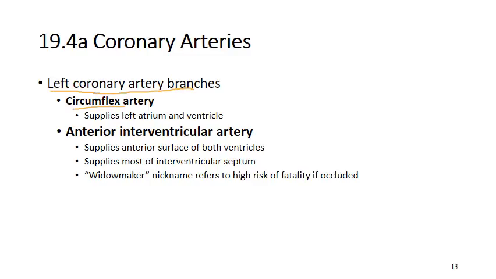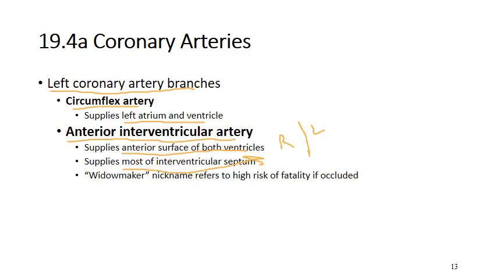It has the circumflex artery, which supplies the left atrium and ventricle, and then the anterior interventricular artery, which supplies the anterior surface of both ventricles. We already had the posterior taken care of, and it supplies most of the interventricular septum, which remember was super big in between the right side and the left side of the heart there, with the ventricles being separated, right?